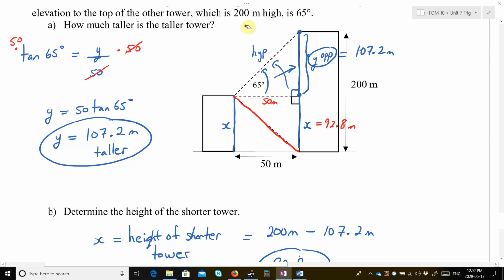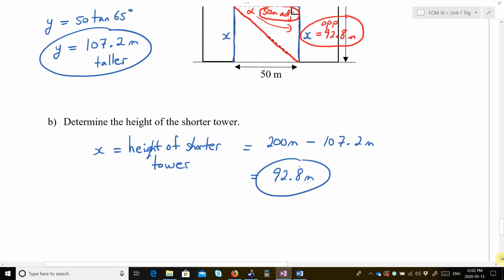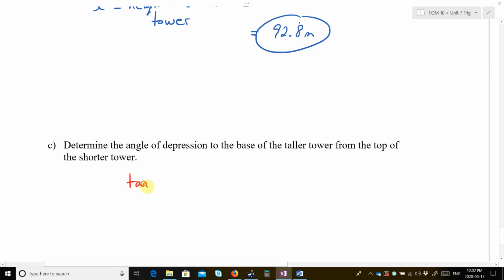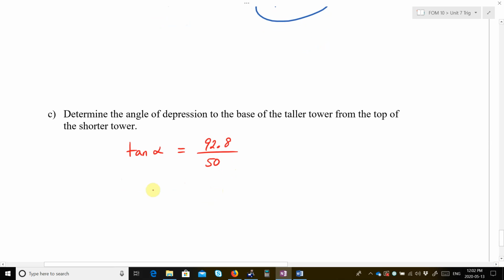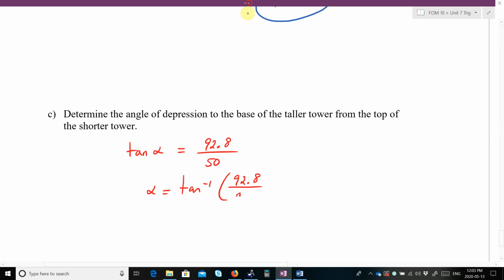So to get this angle of depression, let's call it alpha. Across from alpha, this is the opposite side. The 50 is the adjacent. So we're going to use opposite over adjacent. So that will be tan. And you simply go tan of alpha equals 92.8 divided by 50. And to get the angle, you do tan inverse of 92.8 over 50.